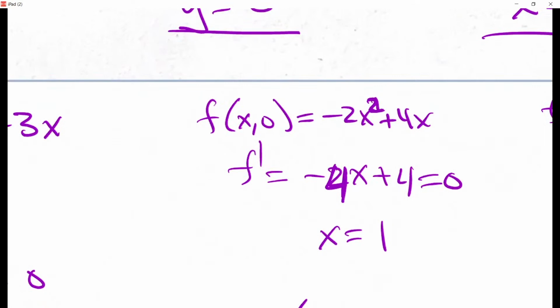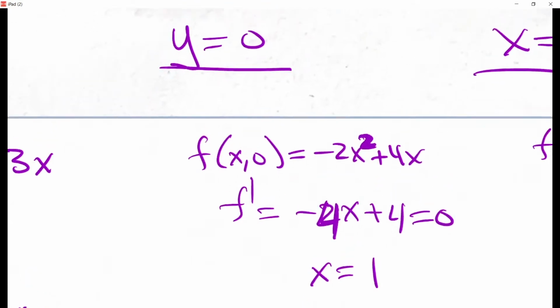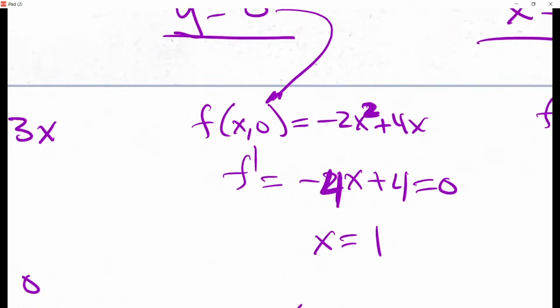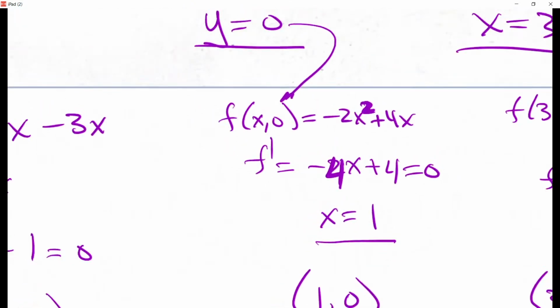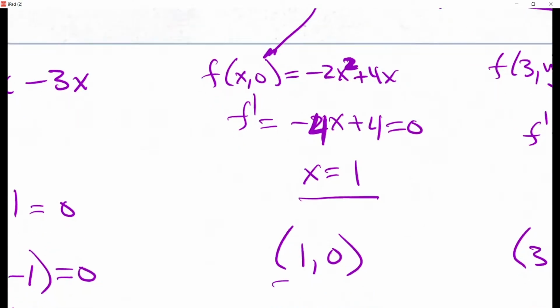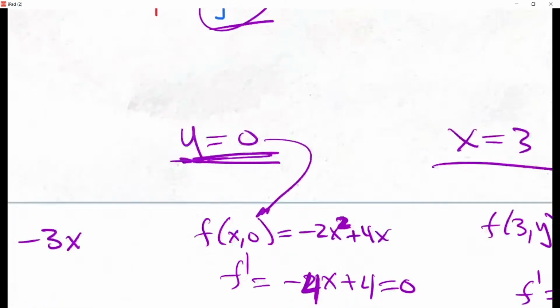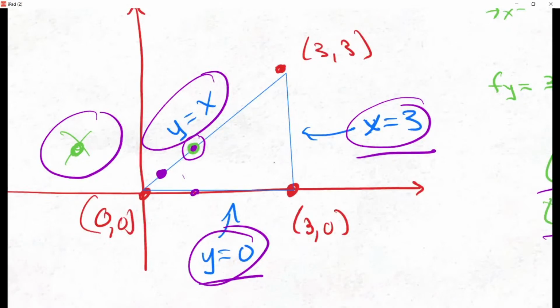This should be x squared. So that's f of x comma 0. I changed the y to 0. Did the derivative, set the derivative equal to 0, solved. And since that was under the y equals 0 category, I knew that y equals 0. So that's 1, 0 right there.